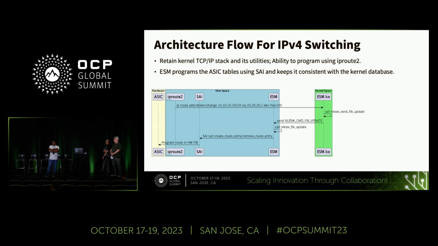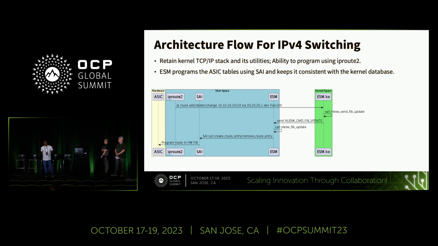So we'll discuss a layer 3 forwarding and a layer 2 switching flow. So this is the layer 3 forwarding. Like I said, we retain the TCP/IP stack. We use the generic net tools like IPRoute2 to program the networking, to program using the standard Linux tools.